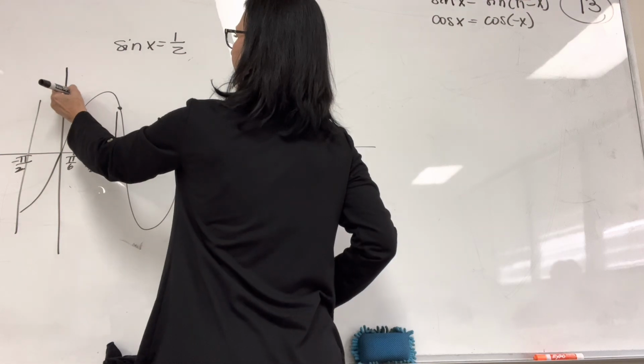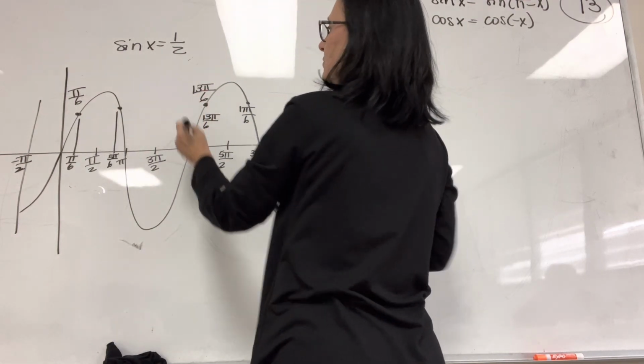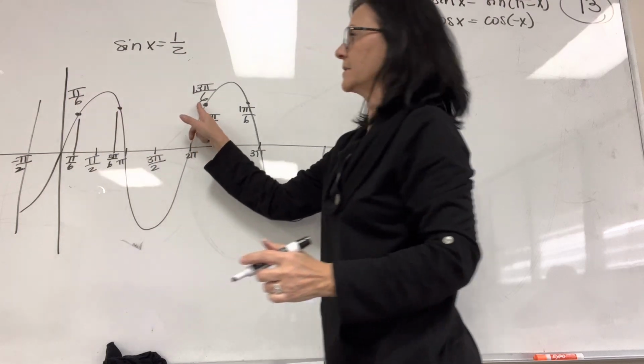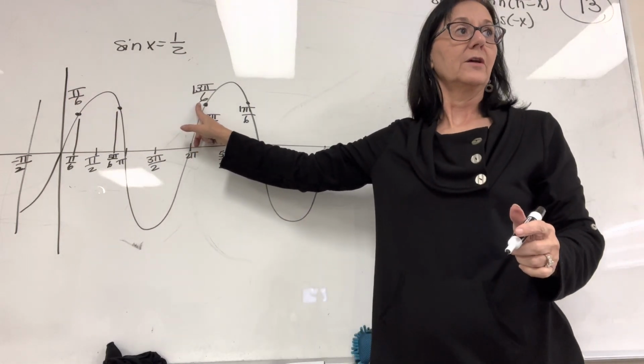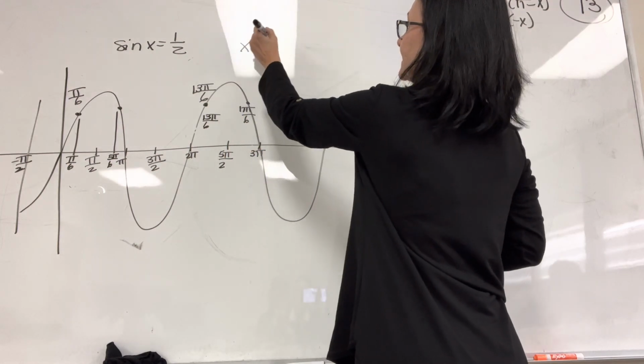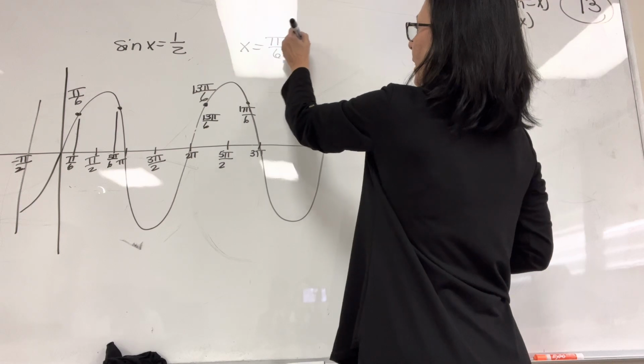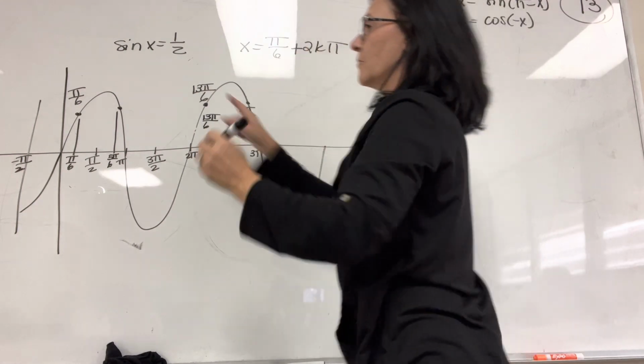Okay, let's look at this. We start at pi over 6 and go to 13 pi over 6. What's the distance between pi over 6 and 13 pi over 6? 2 pi. So I can just say x is pi over 6 plus 2k pi, because it's going to repeat.